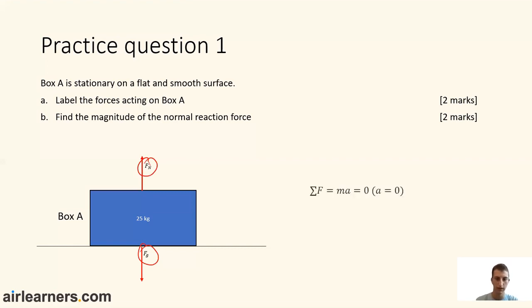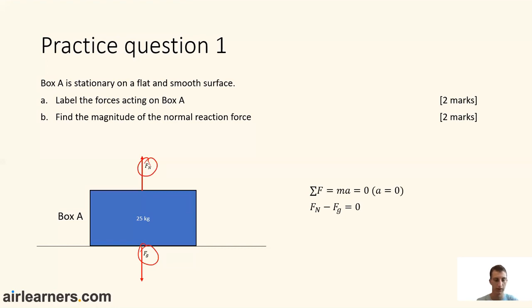And the next is the magnitude of the normal reaction force. We know that it's stationary, so we can say that the sum of the forces is 0. That's also interpreted as Fn minus Fg, the normal reaction force less the gravitational force, is 0.